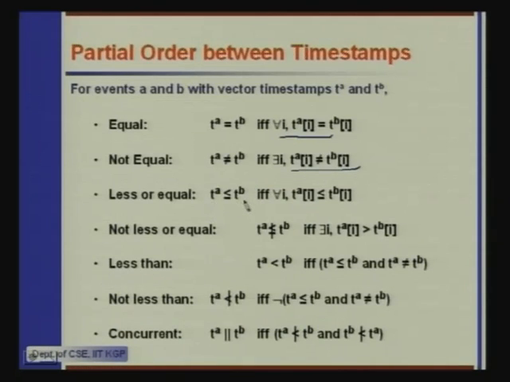Ta is less than or equal to Tb if for all i, Tai is less than or equal to Tbi. It is not less or equal if there exists some i where Ta is greater than Tb. Less than is if Ta is less than or equal to Tb and Ta is not equal to Tb.